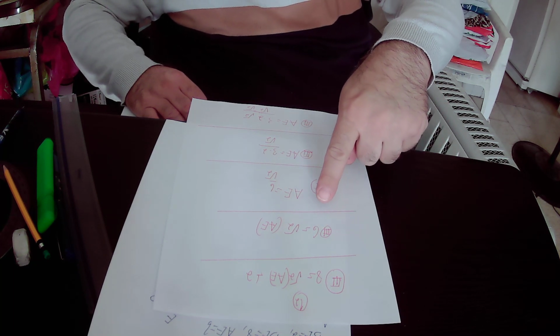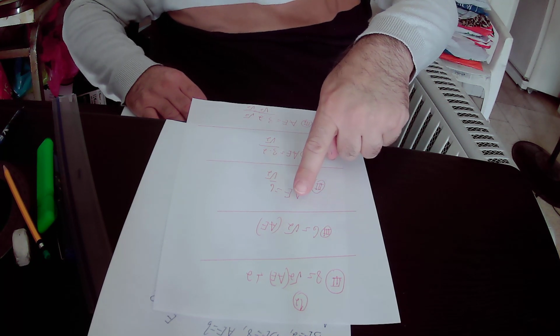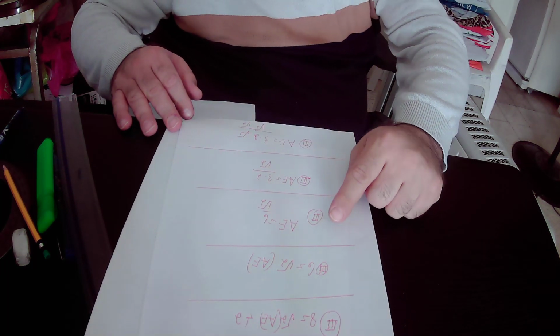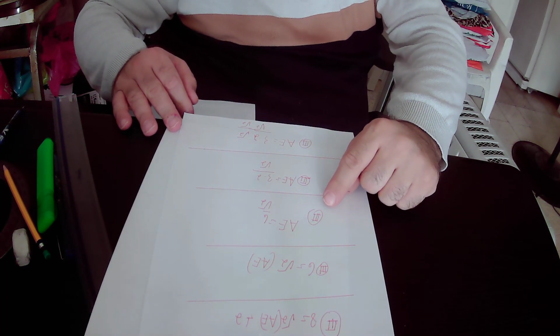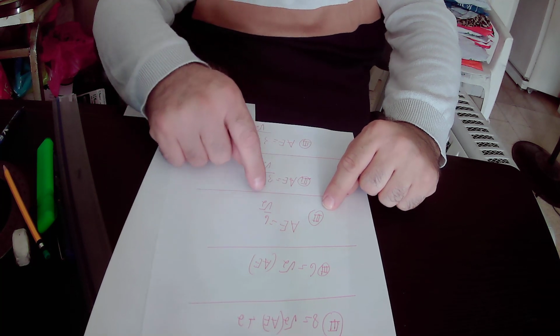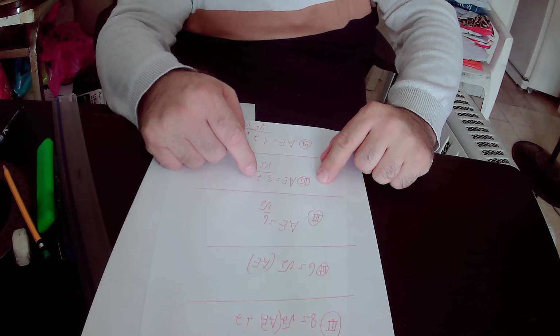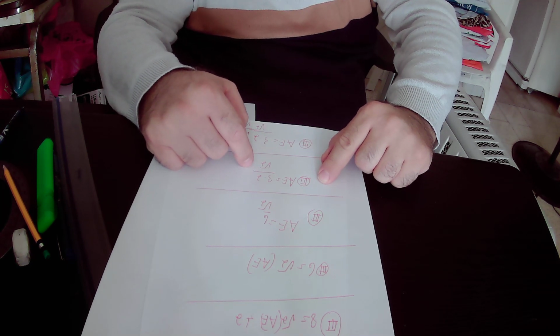8 minus 2 is 6, so we got that 6 equals square root of 2 times AE. We divided equation number 3 by square root of 2, and we got that AE equals 6 over square root of 2. We know that 6 equals 3 times 2, so we got that AE equals 3 times 2 over square root of 2.